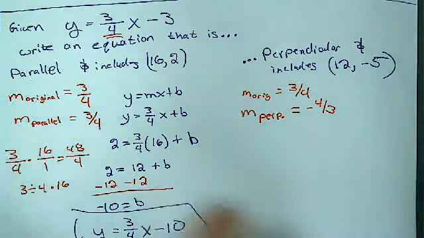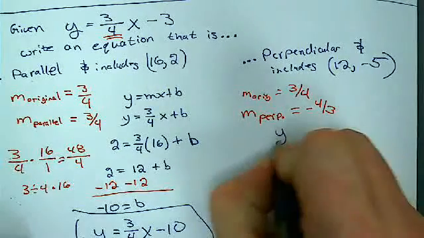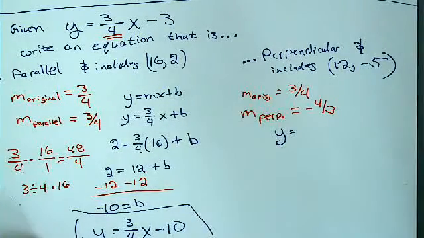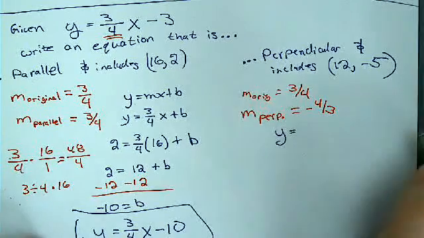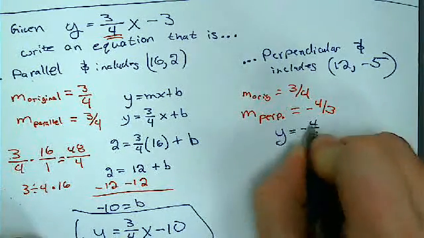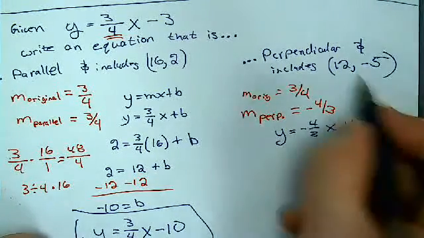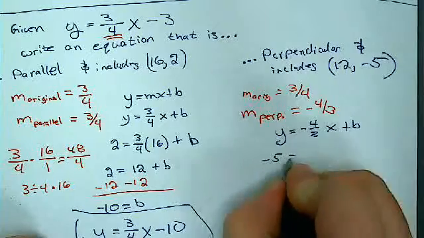And now it's the exact same problem I did over here, where I've got the known slope, so -4/3, and I know one of the points I'm going to use, so I can plug those in. Y is -5.